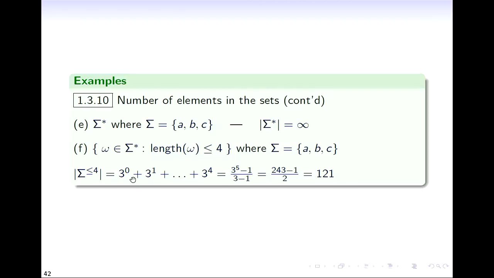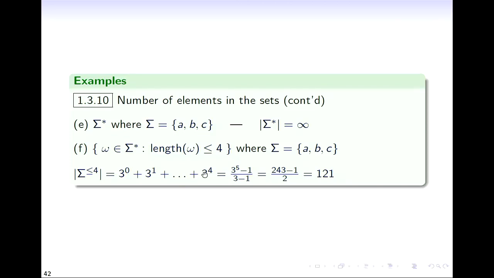And you can apply the same formula to a binary alphabet where you've got only 0 and 1. And then you would see that the number of bit strings up to length 4 would be the bit string of size 0, the bit string of size 1, and so on up to bit string size 4.